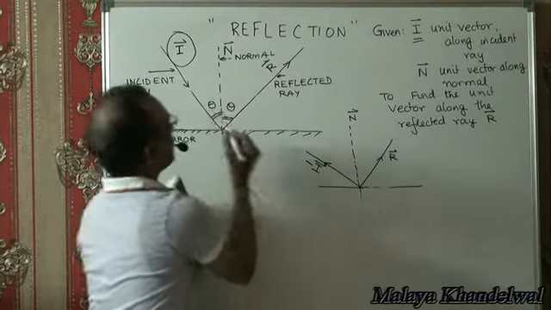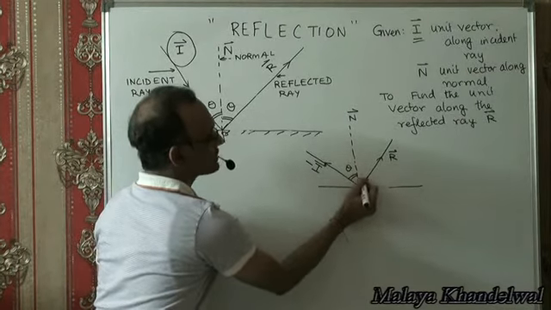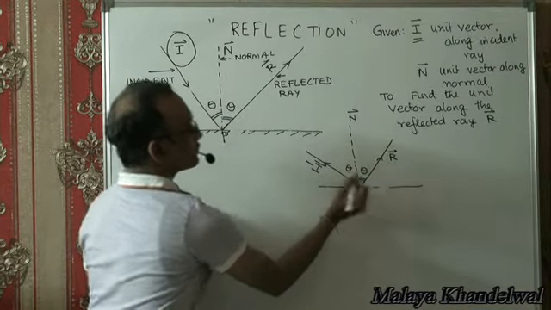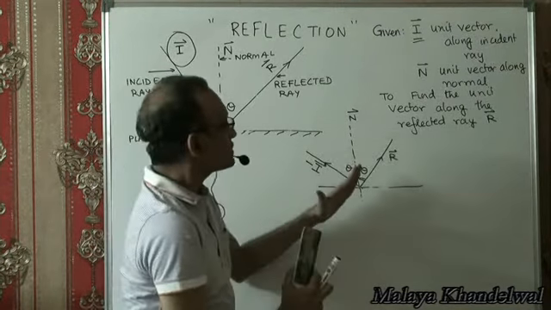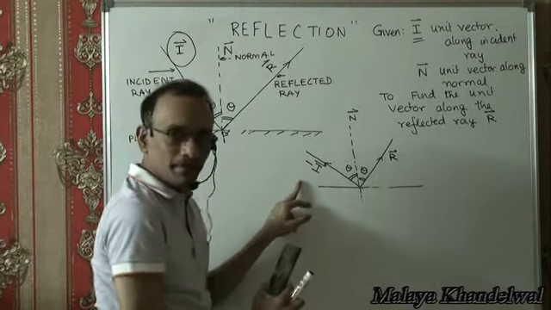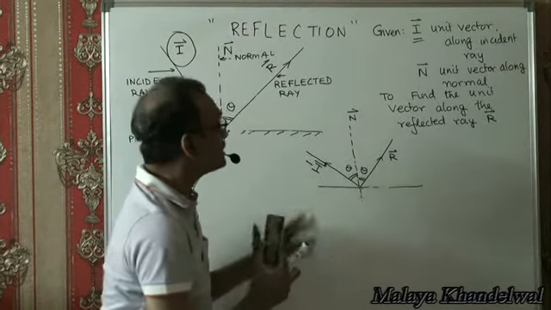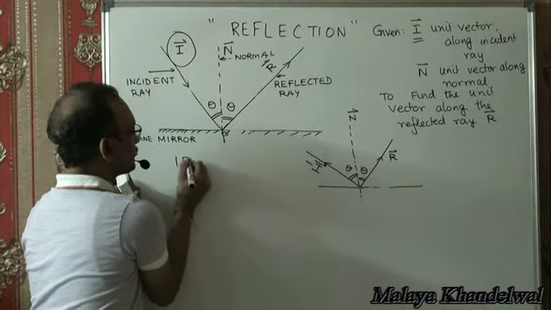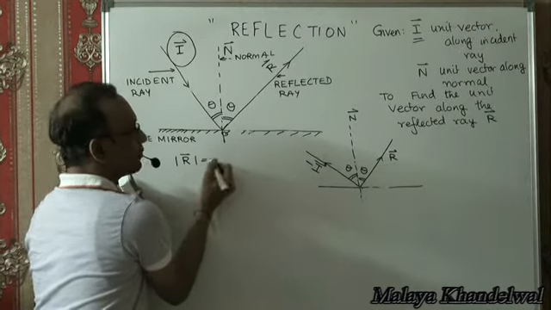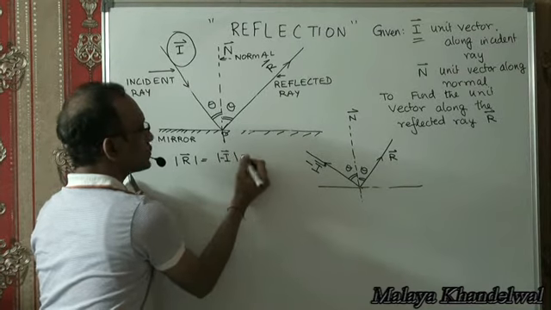Very clearly, because of the laws of reflection, this angle is equal to this angle, right? That means the vector N is the angle bisector between R and minus I. And both R and minus I are unit vectors, so the magnitude of R is equal to the magnitude of minus I. Each is 1.